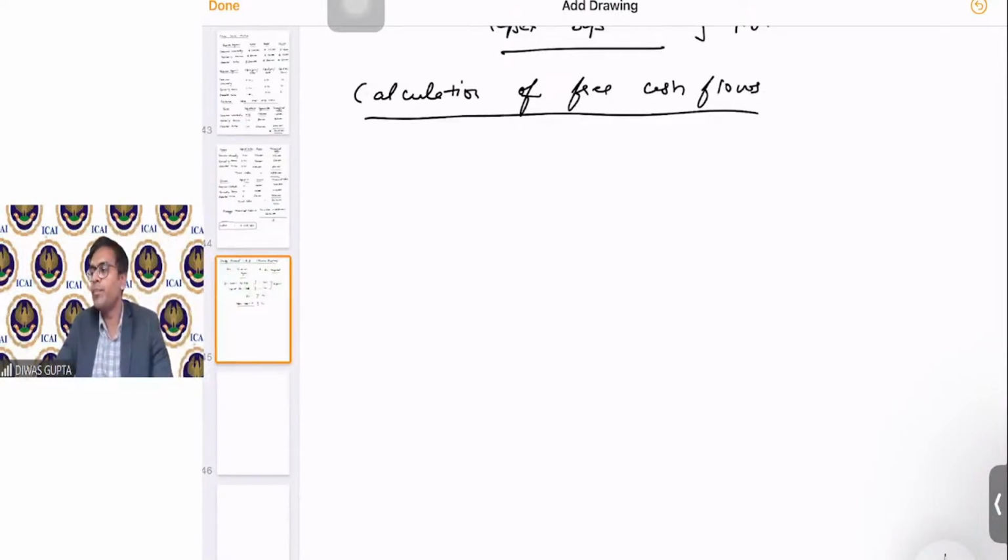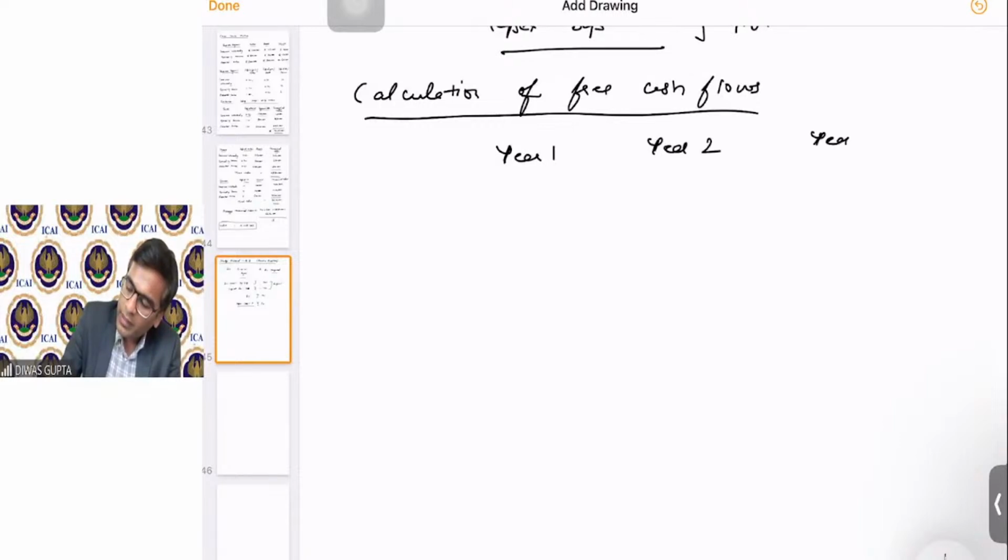Free cash flows is what? Free cash flows are actually using the operating cash flows after tax, adjusted for depreciation, minus capex and incremental working capital requirements. Okay. So let's start with year 1, year 2, year 3, and then finally the terminal value related computations.